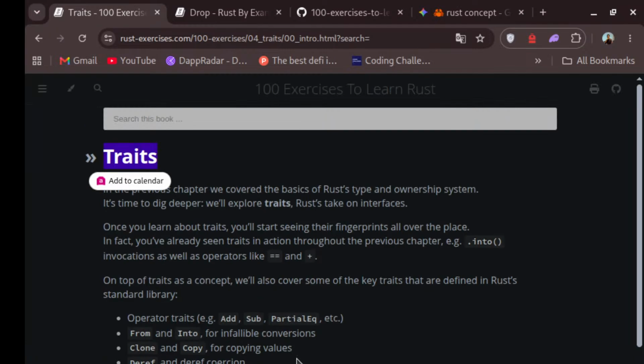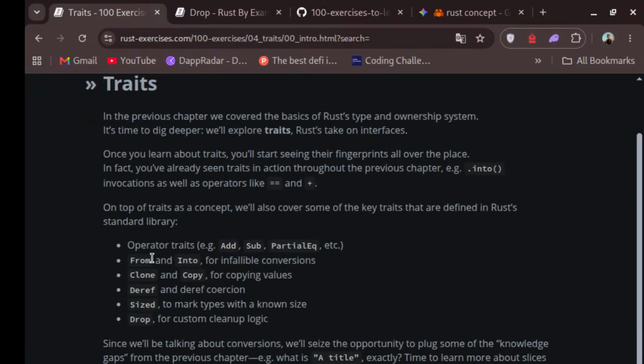So here is the core thing in Rust. We have basic traits: Add, Sub, and PartialEq, and From is known for type conversion, and Clone is for copying values, we also know that.